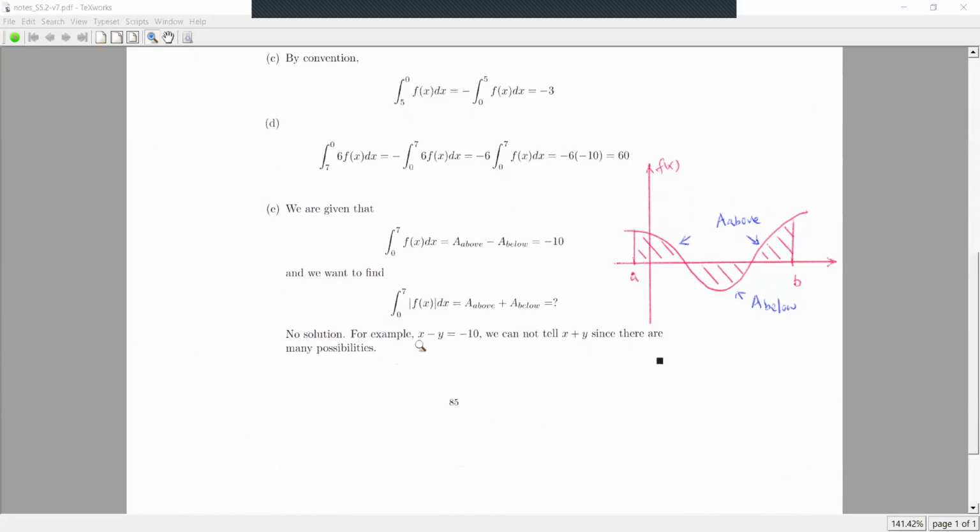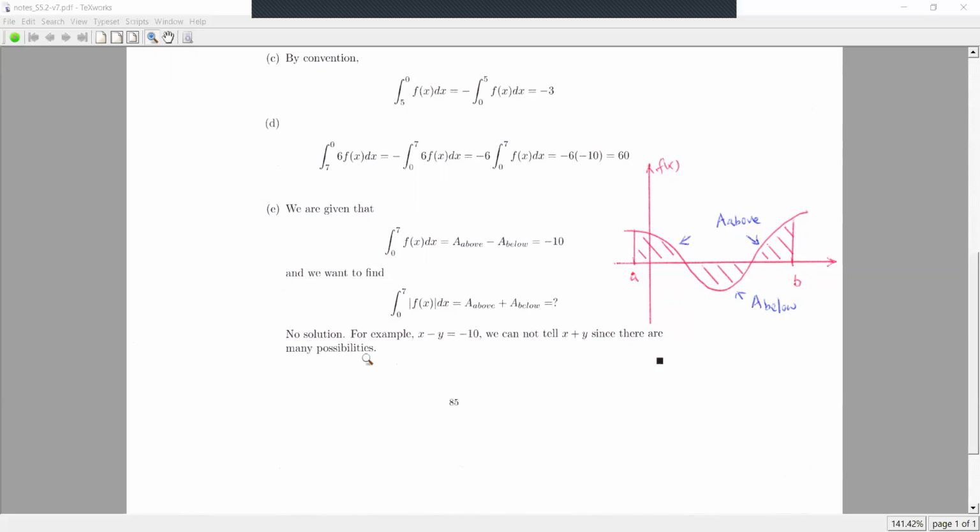Why? Let me give you one example. X minus y is -10. Now, can you tell me what is x plus y? You cannot. Why? Because there are many possibilities.